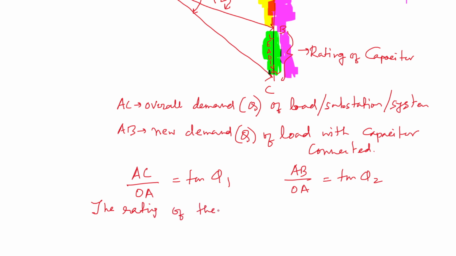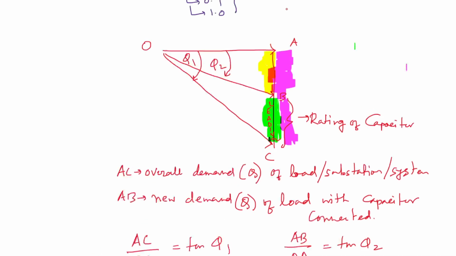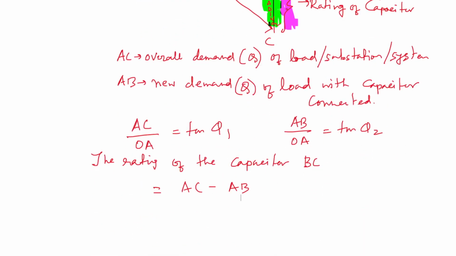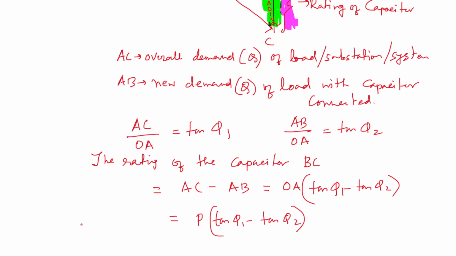The rating of the capacitor is nothing but BC. Now BC is equal to AC minus AB. What is AC? AC is equal to OA tan phi 1. AB is equal to OA tan phi 2. If you take OA common, it will be tan phi 1 minus tan phi 2. So the rating of the capacitor, or QC, is given by this expression: OA times tan phi 1 minus tan phi 2.